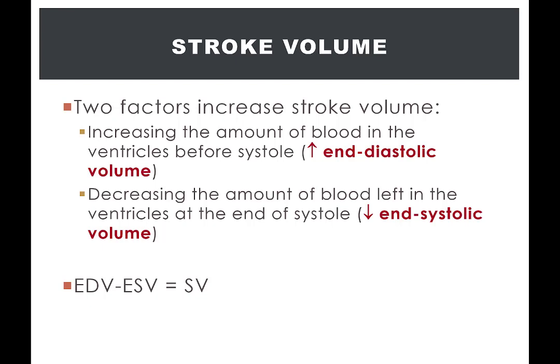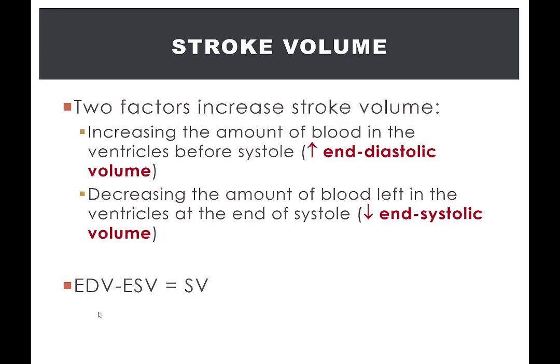Stroke volume also increases because there is a decrease in end systolic volume, which means that there is a decrease in the amount of blood left in the ventricle after it contracts. Again, stroke volume is simply the amount of blood that was ejected from the left ventricle after it contracts.